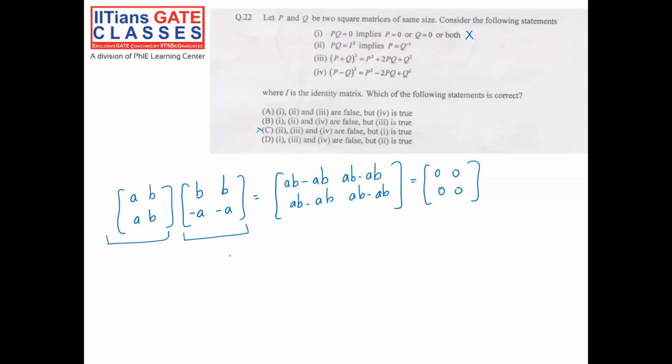So if PQ is equal to I, it means P is equal to Q inverse. That is true because if we multiply a matrix with its inverse, we'll get an identity matrix. So it's correct, and we end up with P is equal to Q inverse.